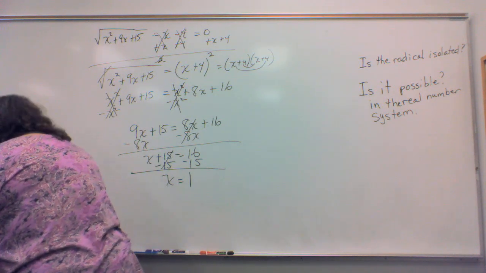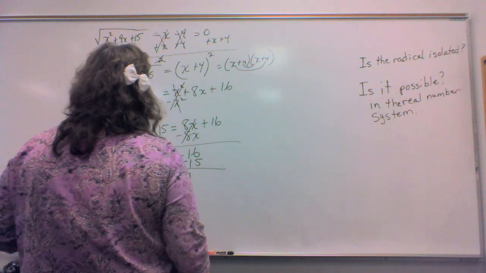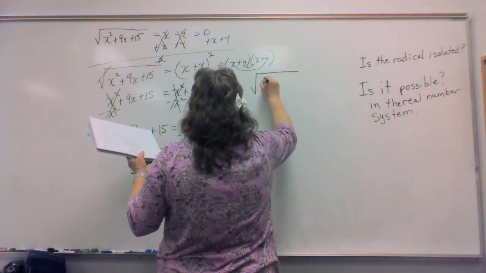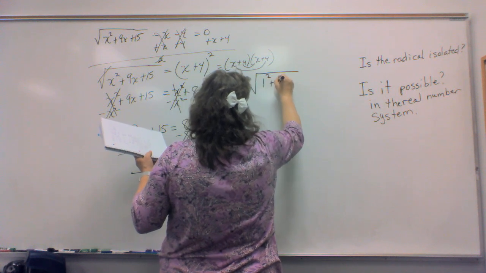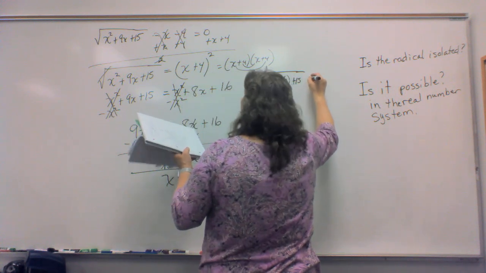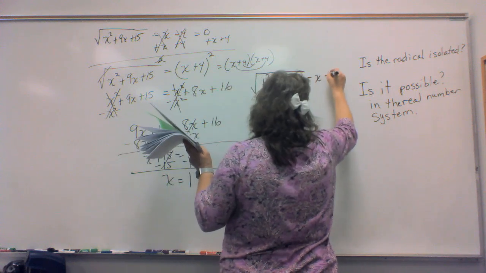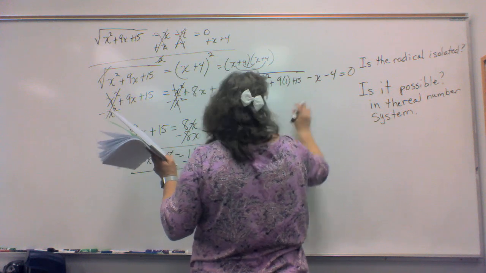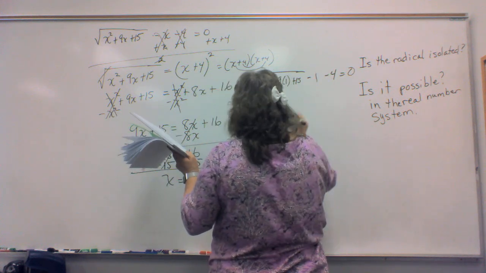And again, we have to check and see if it's valid. So let's put it back in. Square root of 1 squared plus 9 times 1 plus 15 minus x minus 4. Does that equal 0? Oh, minus 1 minus 4.